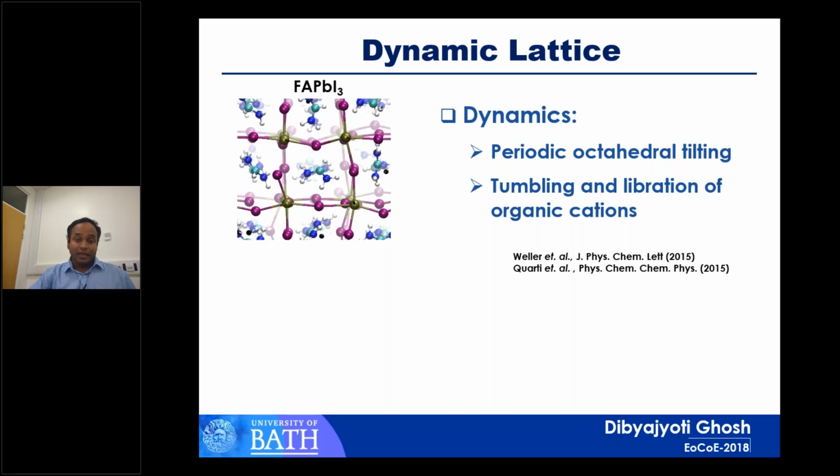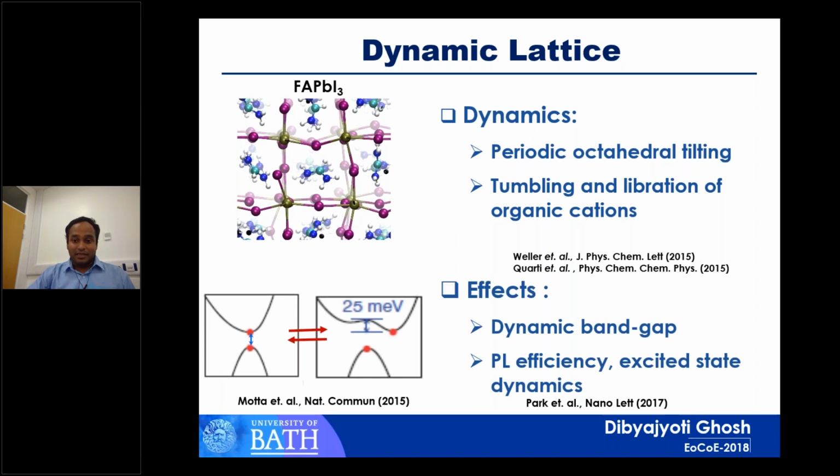These dynamics can affect the photovoltaic properties. People have hypothesized that this type of dynamics can have an effect on the band gap, so it can have a direct or indirect band gap, or it can also affect the PL efficiency of these materials because of this structural dynamics.